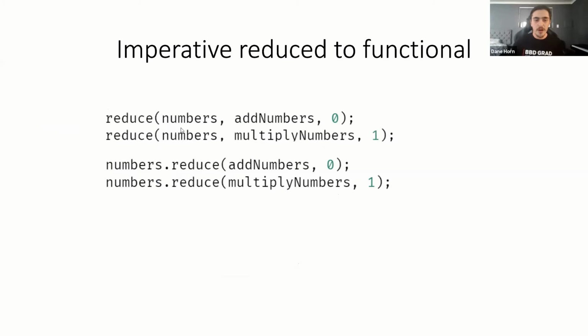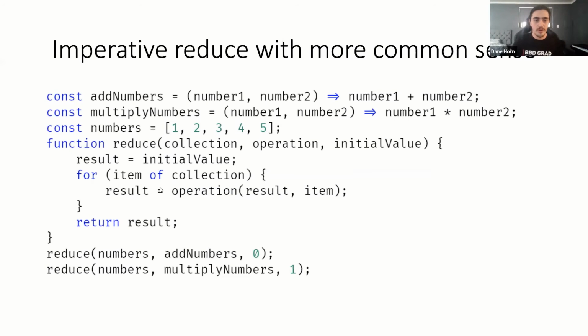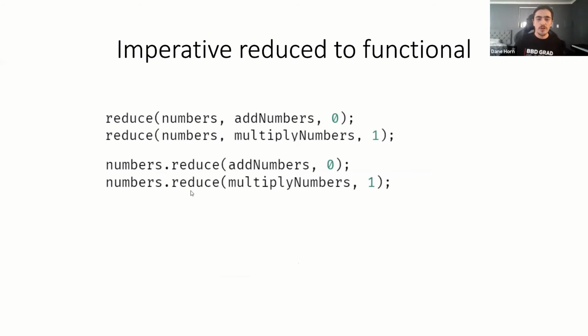So instead of passing in numbers, you say numbers dot reduce. Still put in your operation, still put in your initial value. This works exactly the same. This function is exactly the same as this whole imperative operation here. And we don't actually really care about the implementation details of this. We know it works, and it's part of the library, it's been accepted.